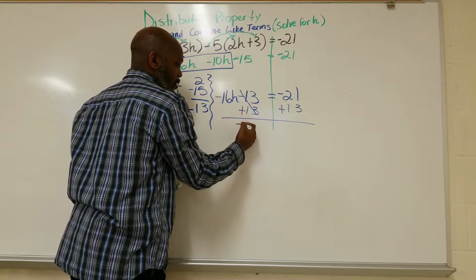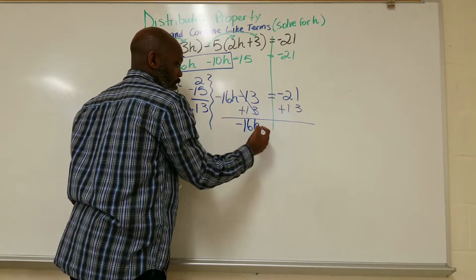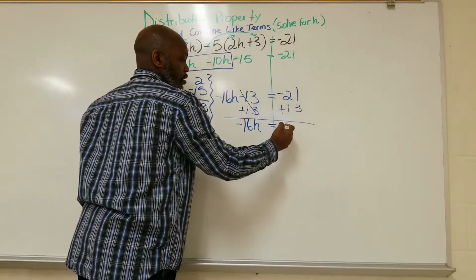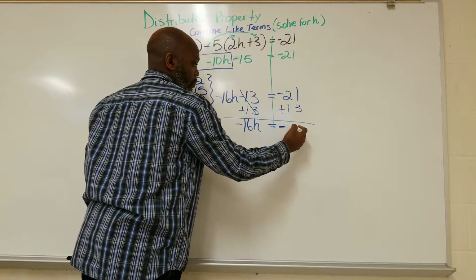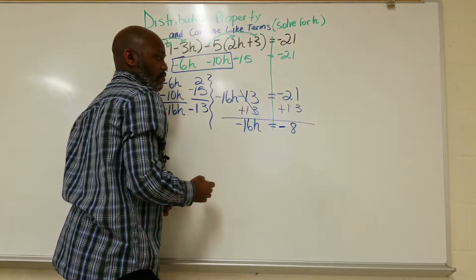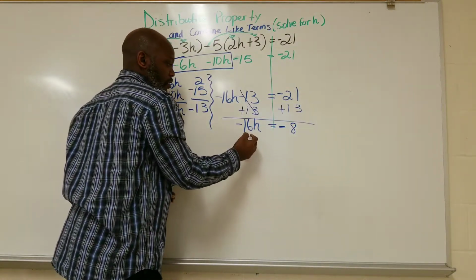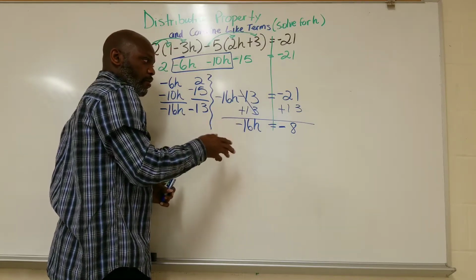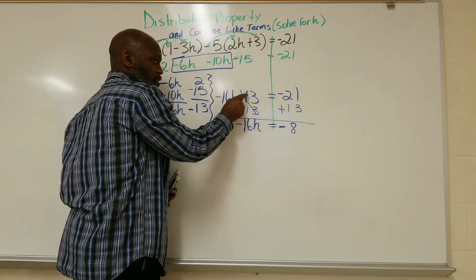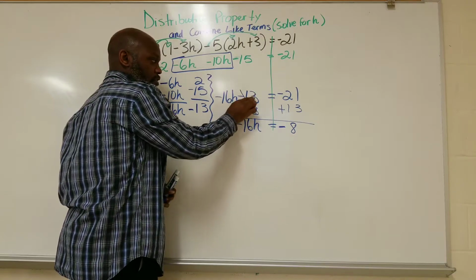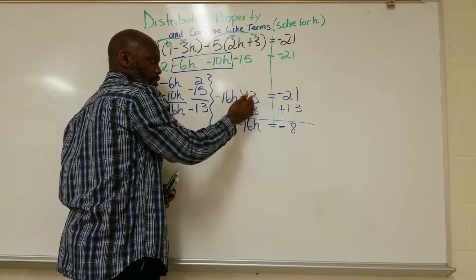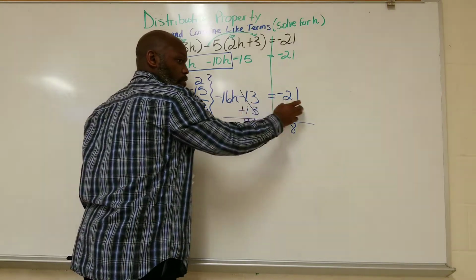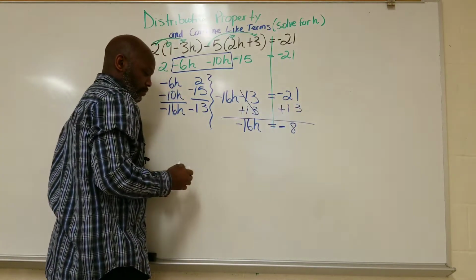So I'm left with negative 16h equals negative 21 plus 13, which would be negative 8. We're doing the opposite operation of what we did here. We subtracted 13, but to get this side to be 0, we have to add 13.